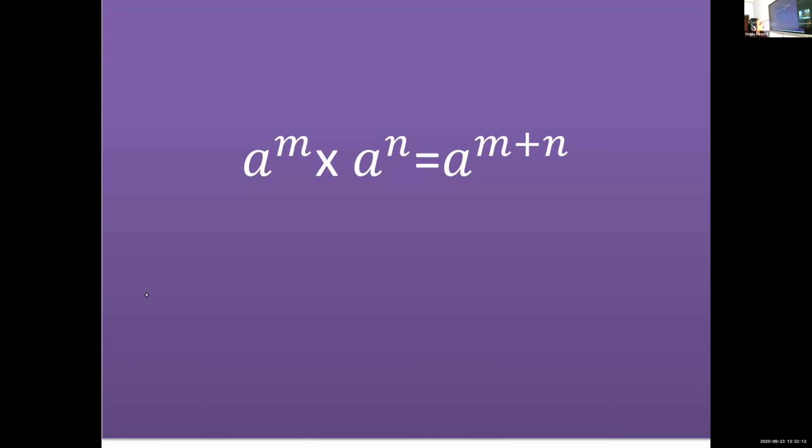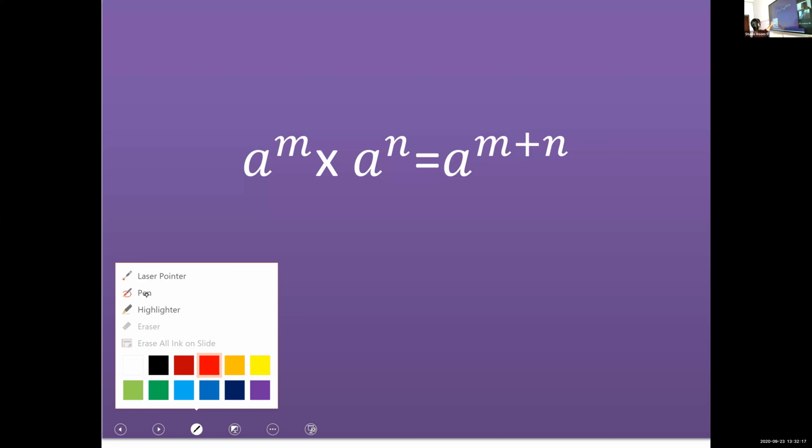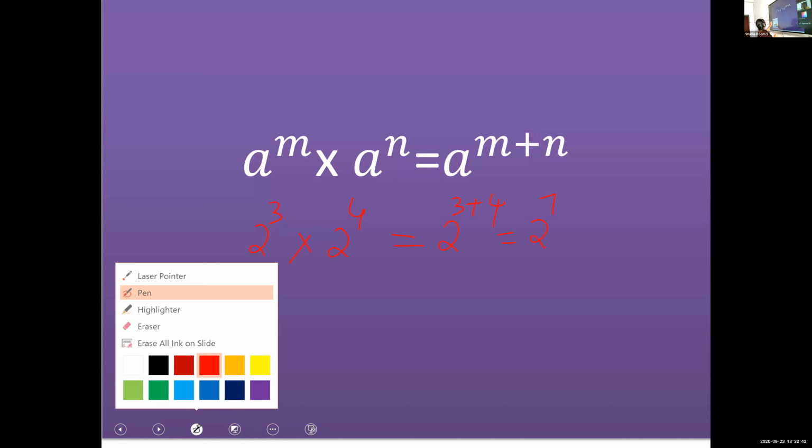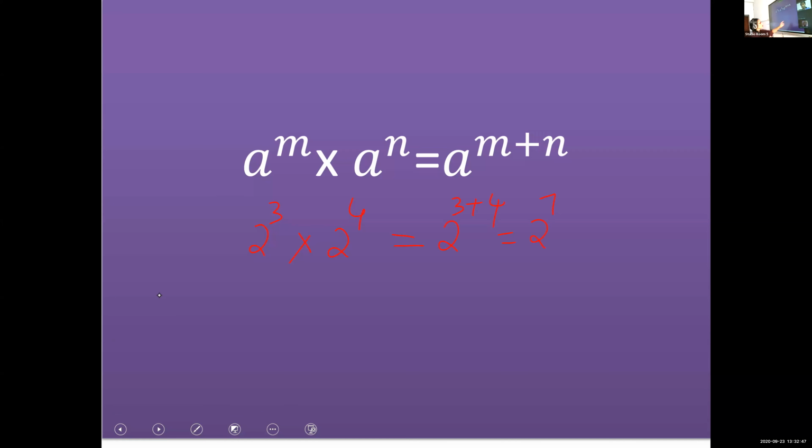Amras, 2 raised to 3 into 2 raised to 4 will be equal to what? 2 raised to 7, that is 3 plus 4, m plus n. Okay. We will do more problems after going through all the laws. One second, please wait.